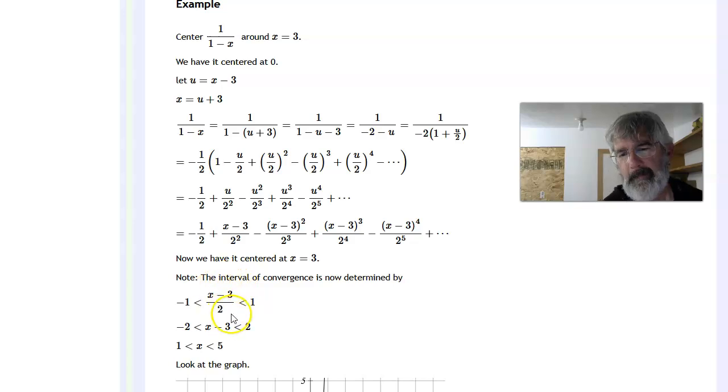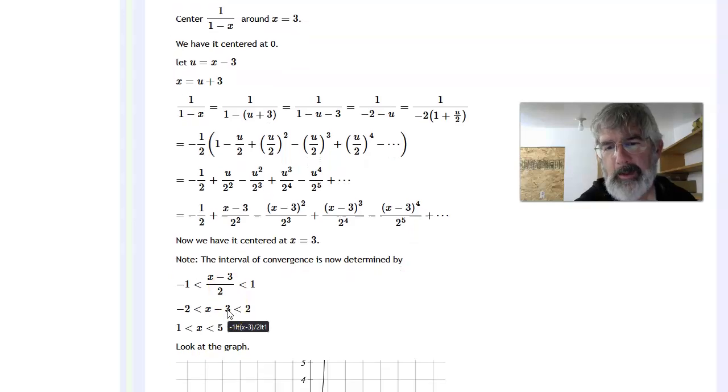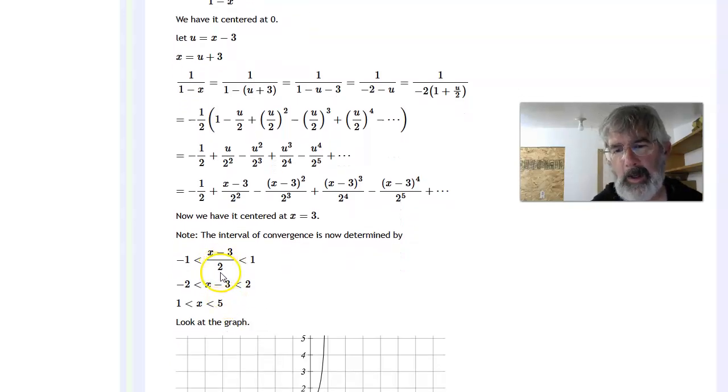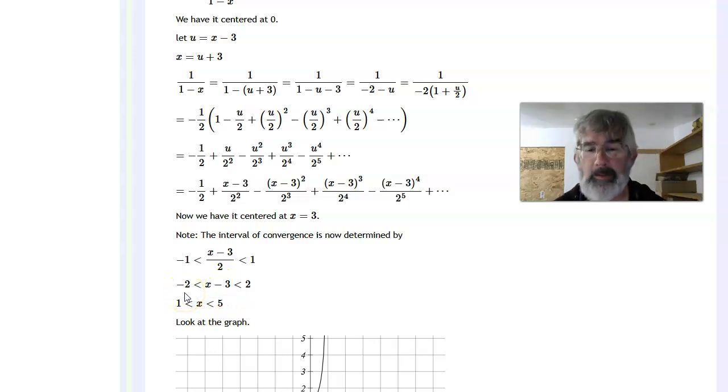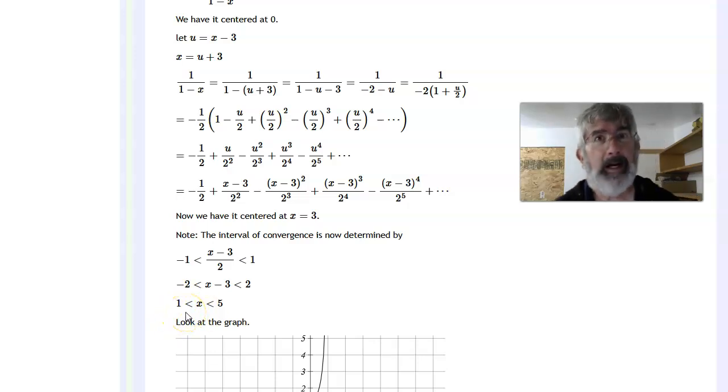So the multiplier, that geometric series multiplier getting you from one term to the next all the way down the line, is x minus 3 over 2. So we need x minus 3 over 2 to be somewhere between minus 1 and 1, which means that x minus 3 has got to be between minus 2 and plus 2. Adding 3 to everything, you've got x is between 1 and 5.